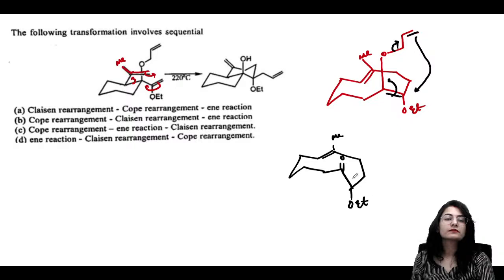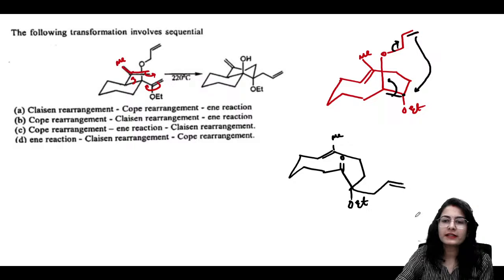There is a carbonyl on this side and to this atom allyl group is going to get connected. ये यहाँ पे आ गया allyl group.